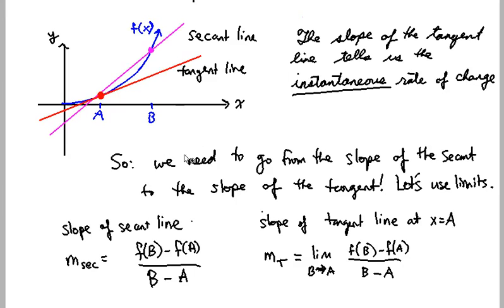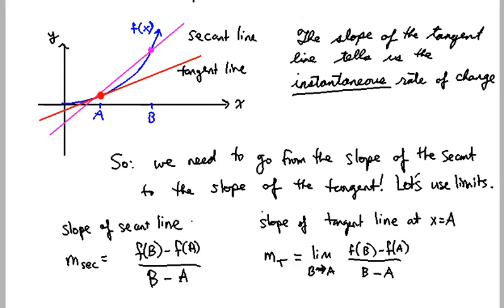So let's mathematically show how to get this tangent line and why that is. What I'm going to do is take the secant line, which passes through A and B, and move B closer and closer and closer to A until that interval from A to B becomes very small. Let me show you what I mean.